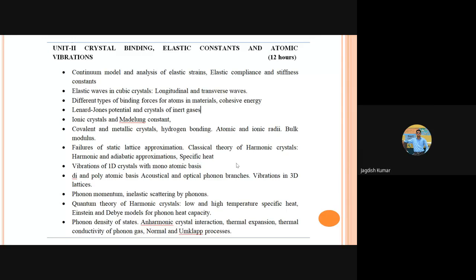Then we also saw one very basic idea, that in crystalline materials, the atoms are fixed at specific positions as per the crystal structure, fixed at particular positions. So this approximation is not exactly true.